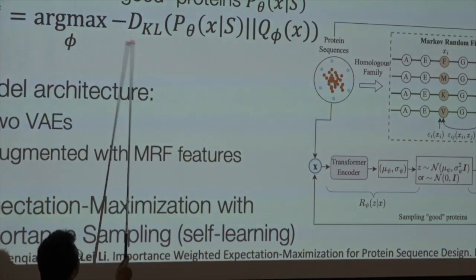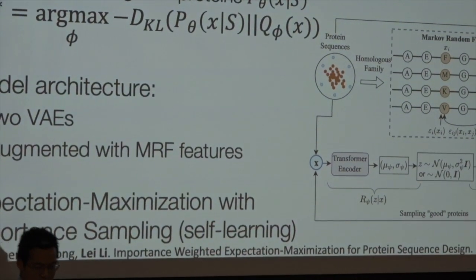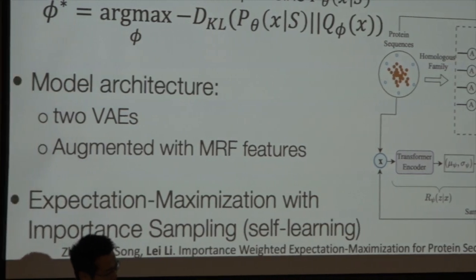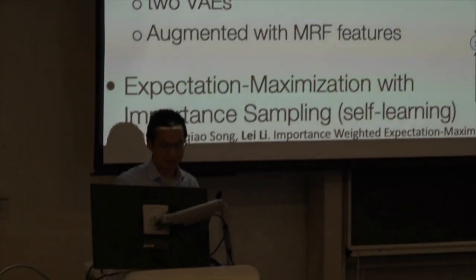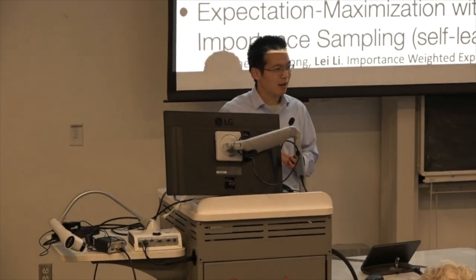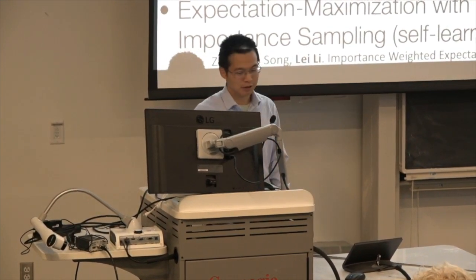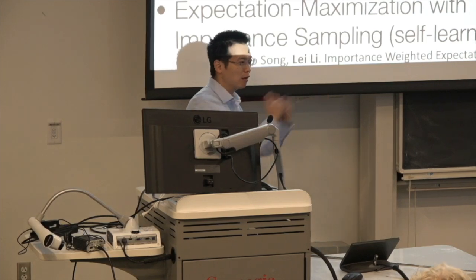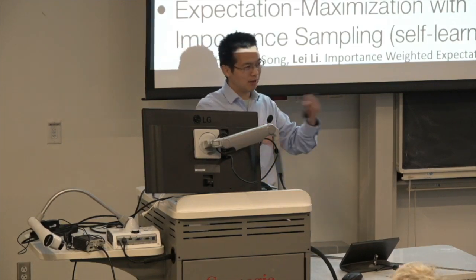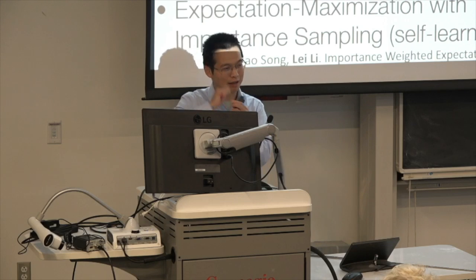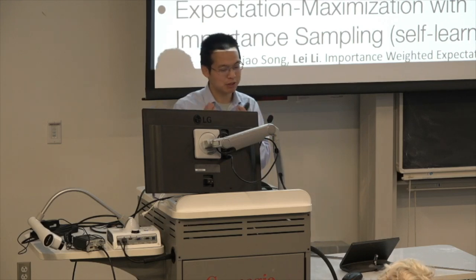We are trying to minimize the KL divergence, or maximize the negative KL divergence. For this purpose, we can train two separate variational autoencoders, one for the prior, and one for the actual proposal which we want to generate from.